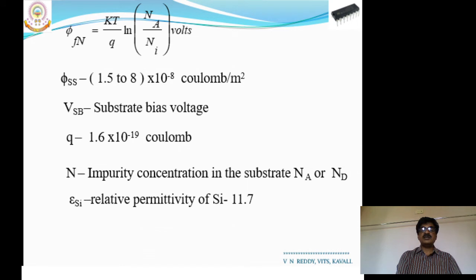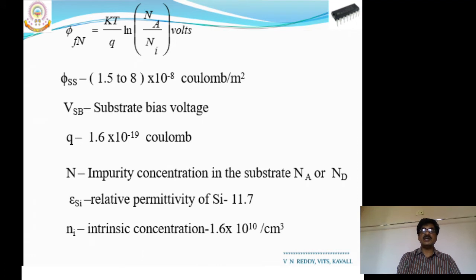Epsilon Si is the relative permittivity of silicon, approximately 11.7. And small ni is the intrinsic concentration. So like that we can see about the threshold voltage.